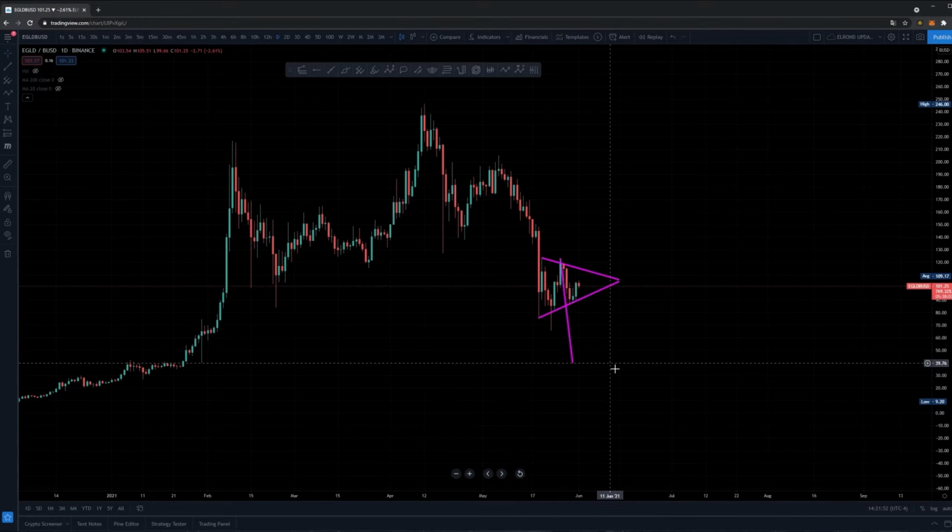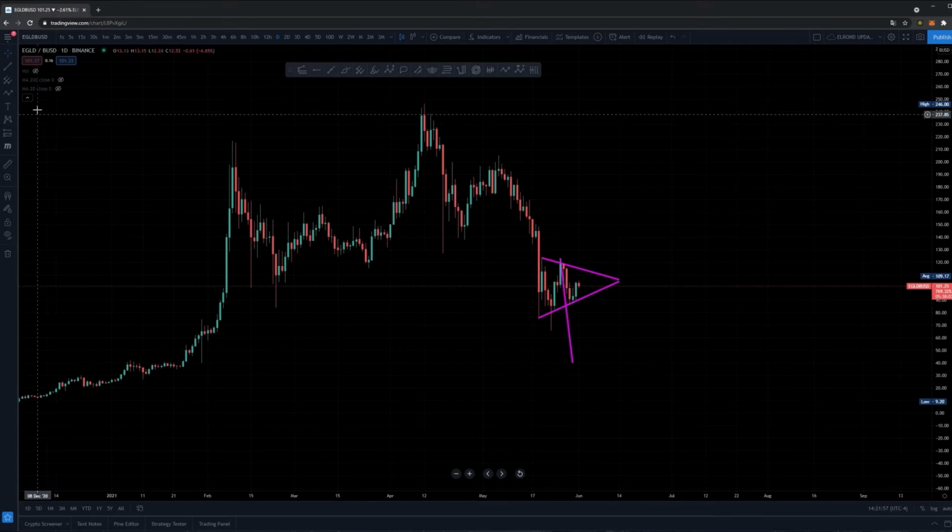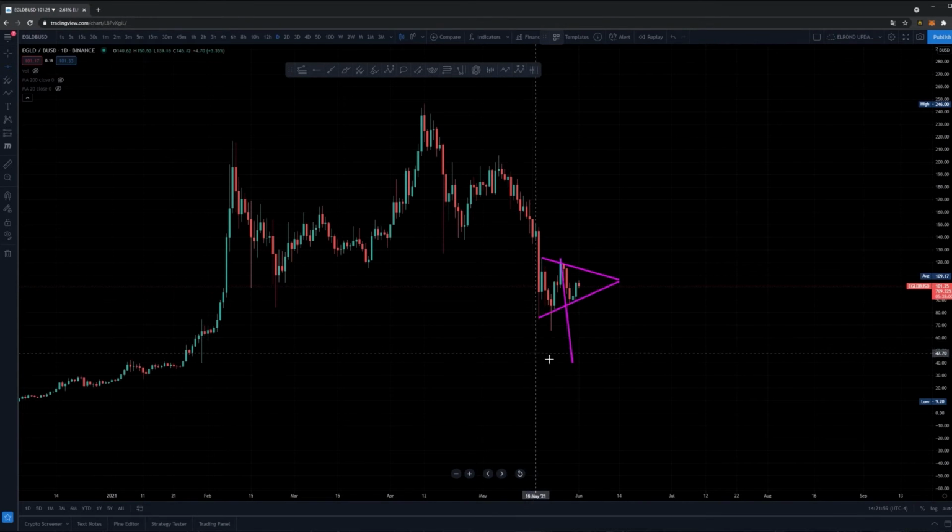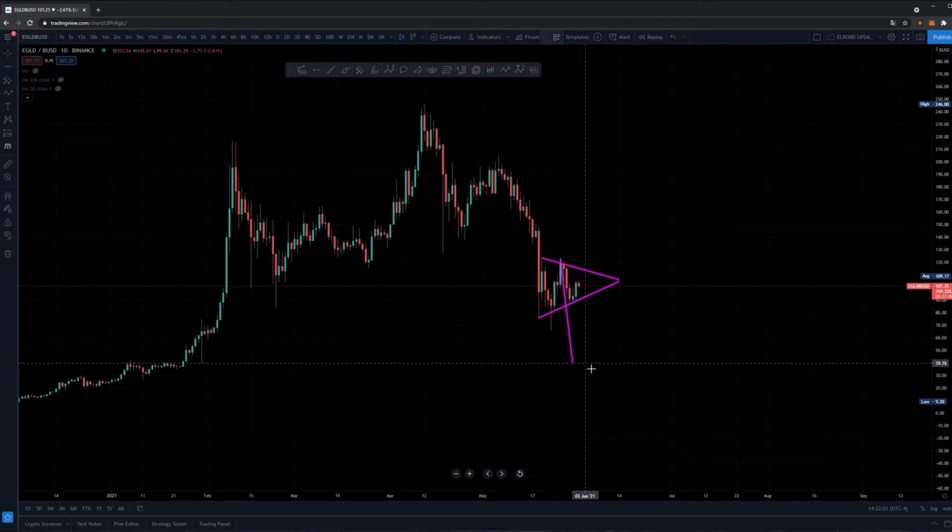Okay, this will be exactly on the left shoulder right here. This is a possibility right now with this symmetrical triangle.